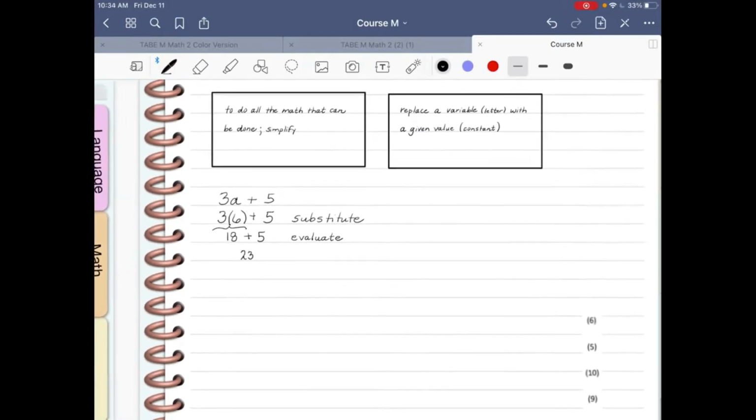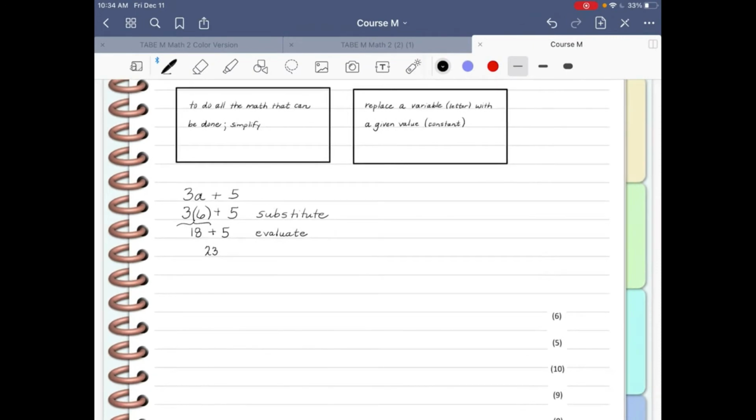Okay, let me get another one here. Let's pull the slider up until you have the 5 in focus. So I'm going to say 3a plus 5, and we're going to pull the 5 into the viewer.